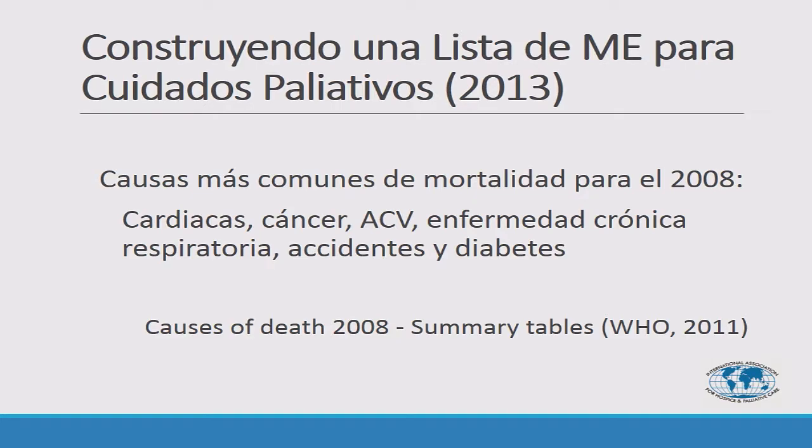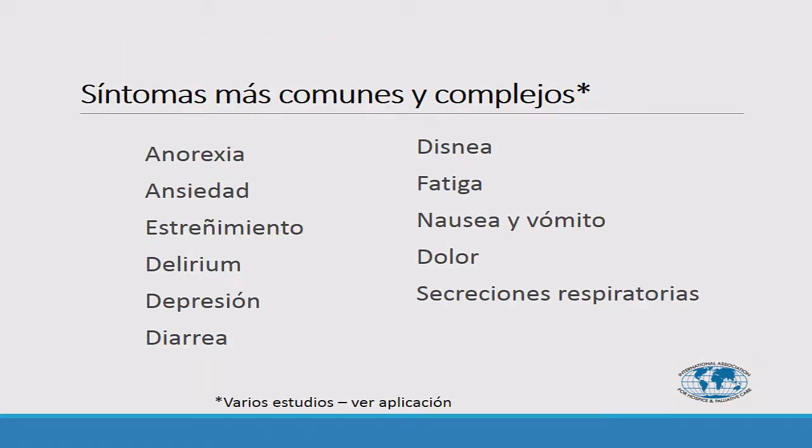The most common causes of mortality for 2008 were cardiac disease, cancer, stroke, chronic respiratory disease, accidents, and diabetes. After analyzing the literature in PubMed and in different sources and databases, we found that these were the most common and complex symptoms for those conditions of high mortality.